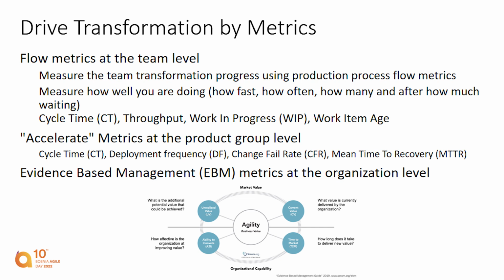So for the team level context, we propose the usage of flow metrics, which are usually used in Kanban, but can easily be used in Scrum teams as well. Things like cycle time, throughput, work in progress, work item age will tell you a lot about the flow of items through your development process.